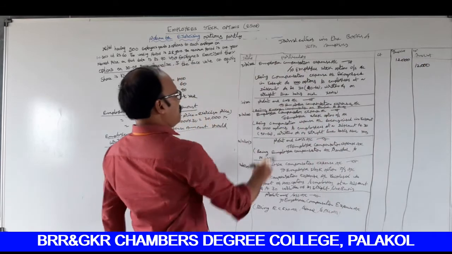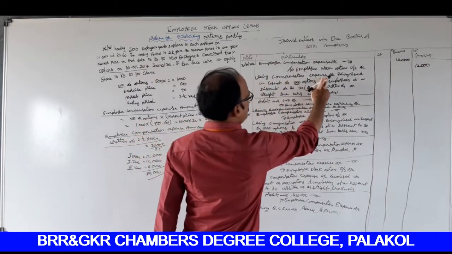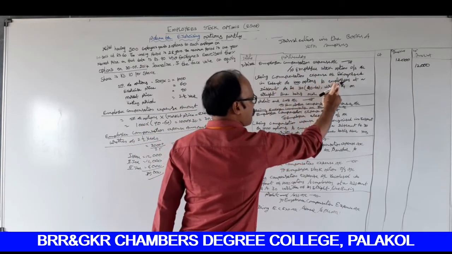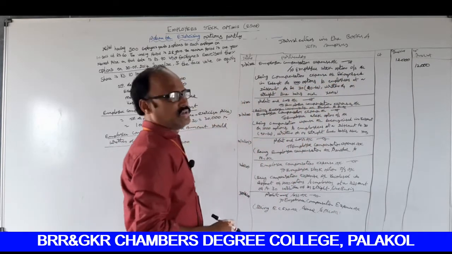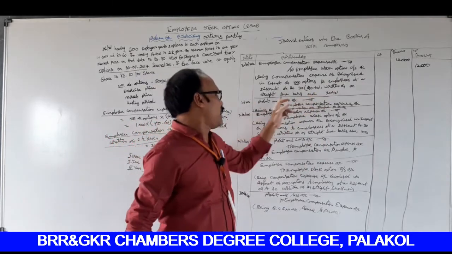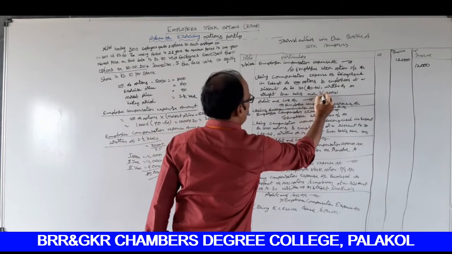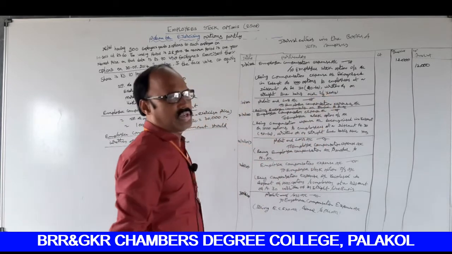Okay. Being compensation expense account recognized in respect of 1,000 options to employees at a discount of 30, written off on straight line basis over 2.5 years.